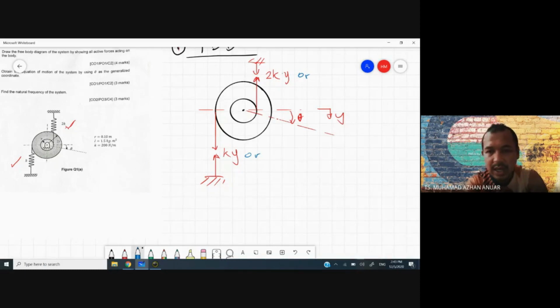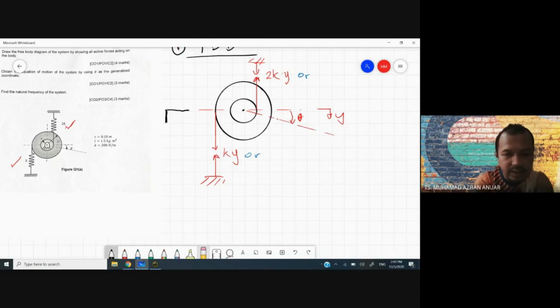So how do we relate Y with the distance? Let's look at the first one. If we look carefully, it is basically the deflection, or the length of the spring. This is the Y. This is the stretch, the displacement or the deflection of the spring.